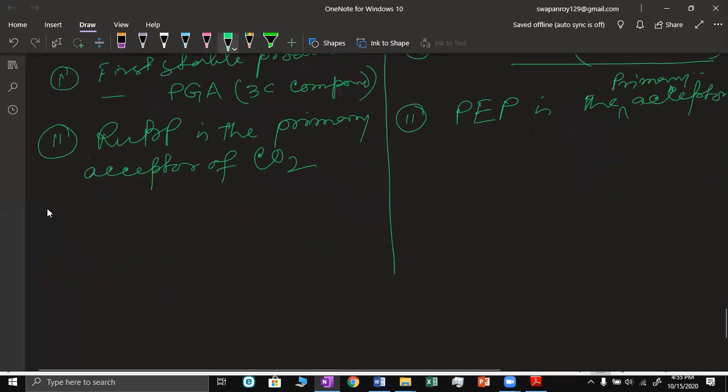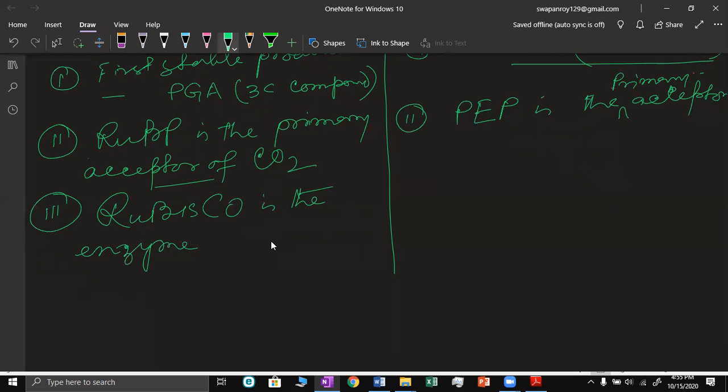Okay. Then the enzyme involved, the enzyme that carries out the carboxylation: Rubisco is the enzyme that catalyzes the carboxylation.